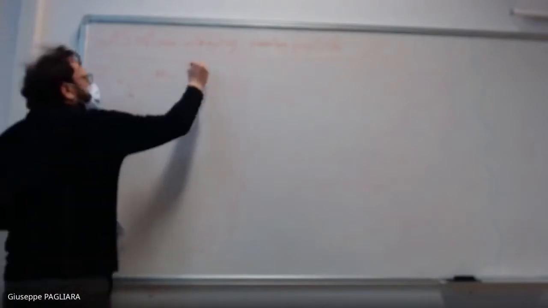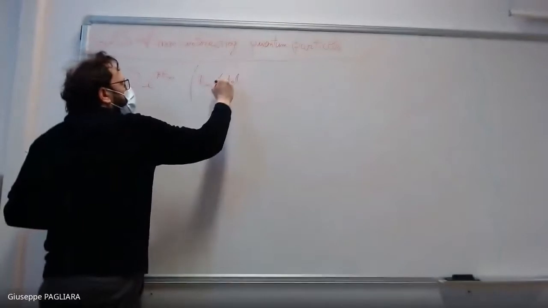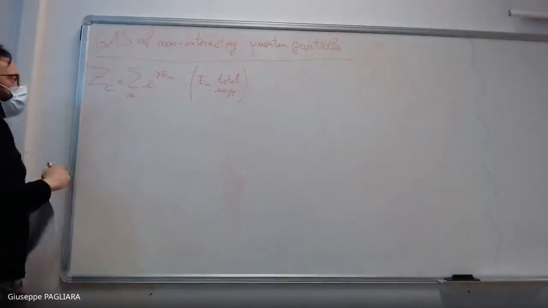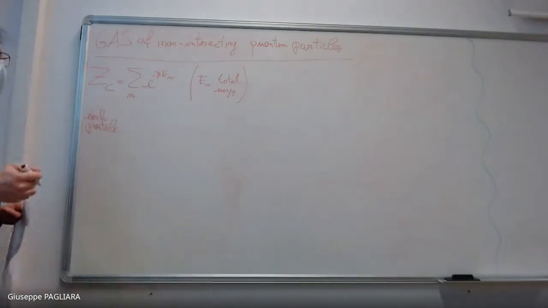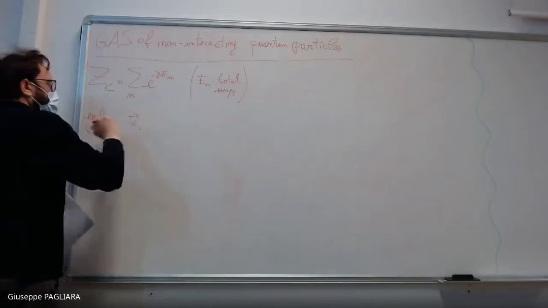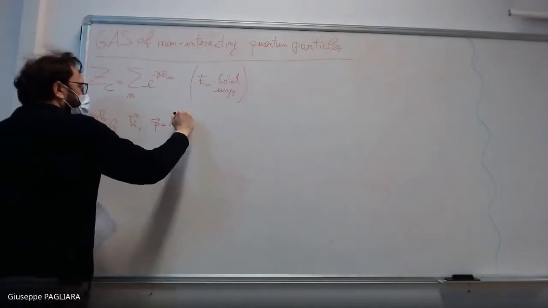Let me make very clear that E_n is a total energy of the whole system, whereas each particle will occupy a state which is an eigenstate of the Hamiltonian, which for free particles is also an eigenstate of momentum, and therefore we'll have the standard k or p, which is h bar k.